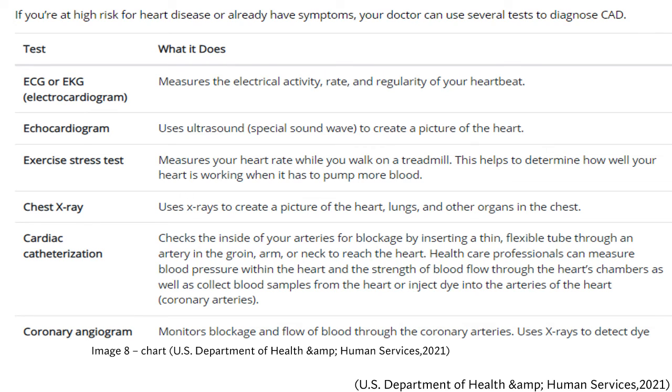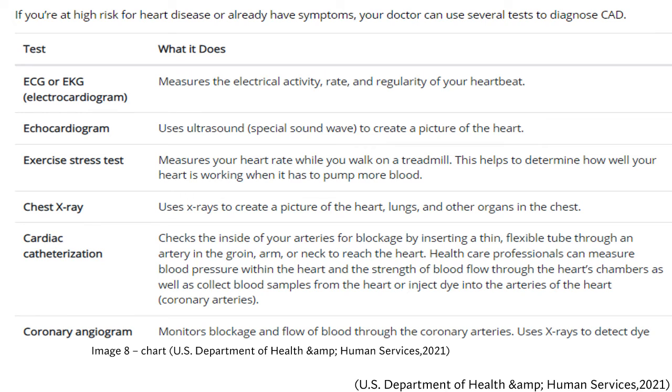The following data listed on this slide as a chart is from the U.S. Department of Health and Human Services, from the Centers for Disease Control and Prevention. The following tests and procedures are some of the ways to catch coronary artery disease, even if the patient isn't currently exhibiting a symptom.